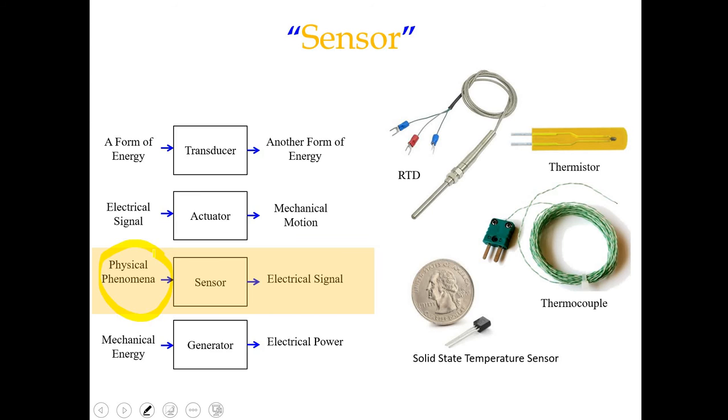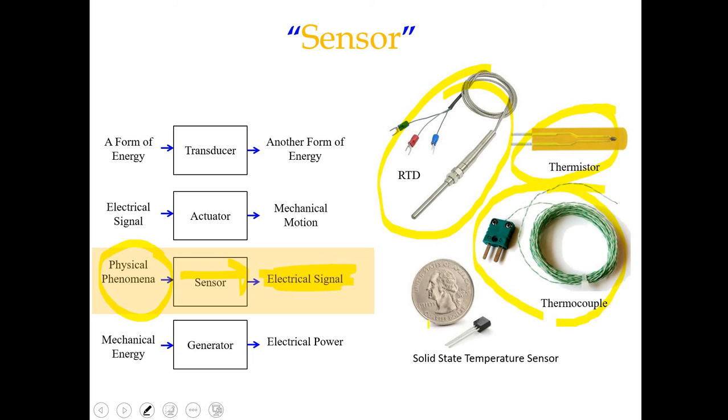All of these are physical phenomena. By using the sensor, we convert them into electrical signals, so we can further process or analyze the data from these physical phenomena. As we can see here, we have a few sensors, all of which are temperature sensors.